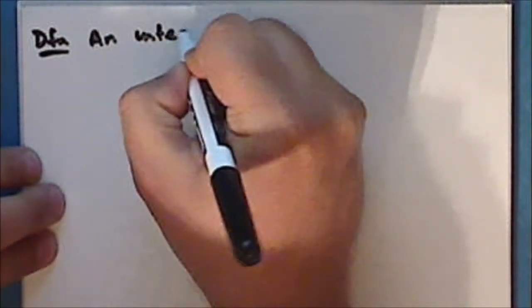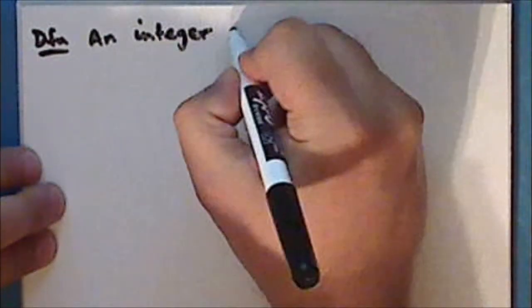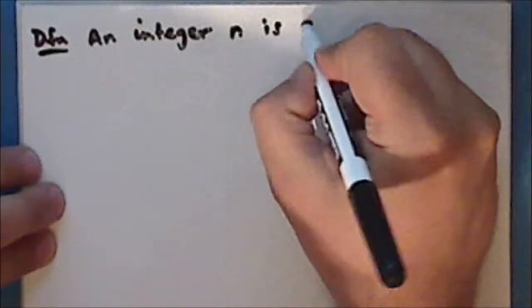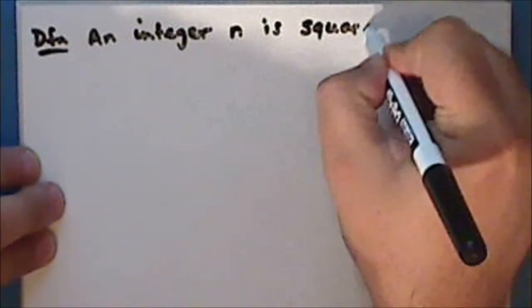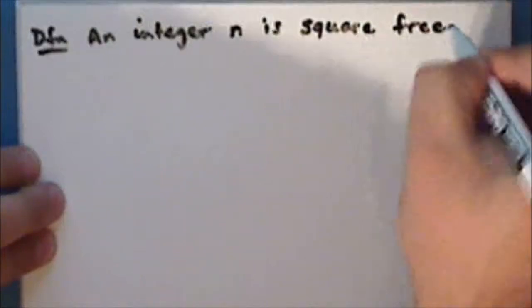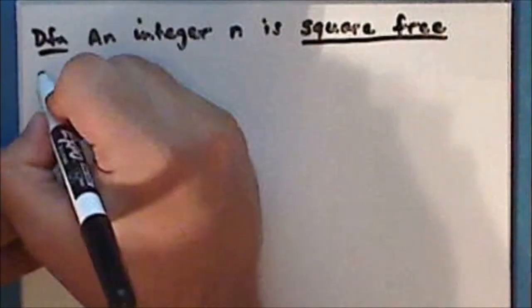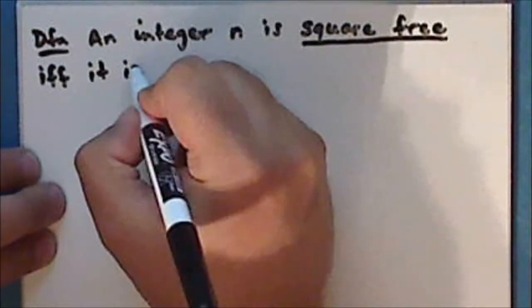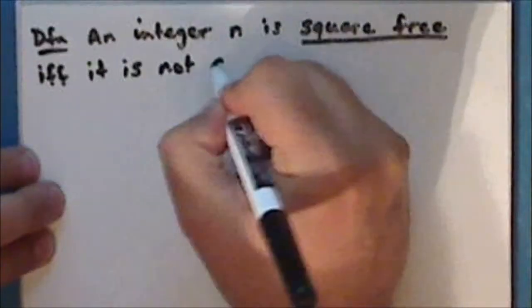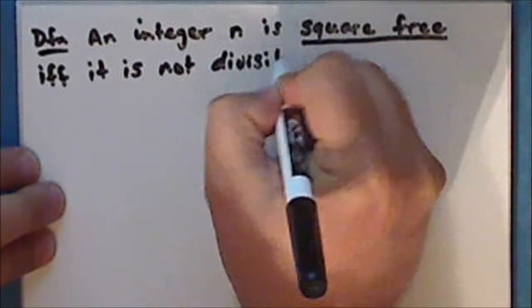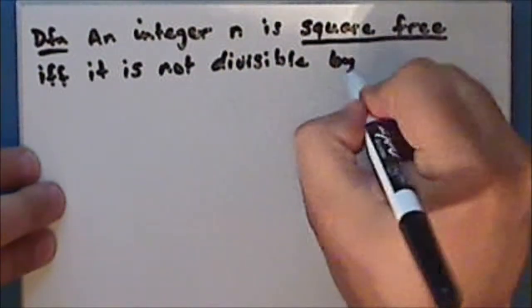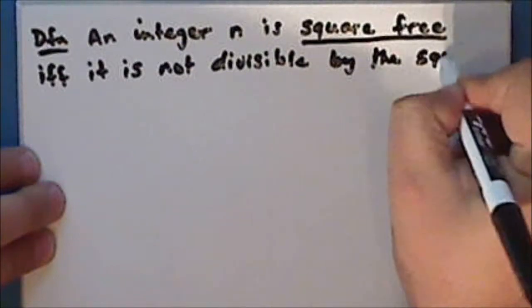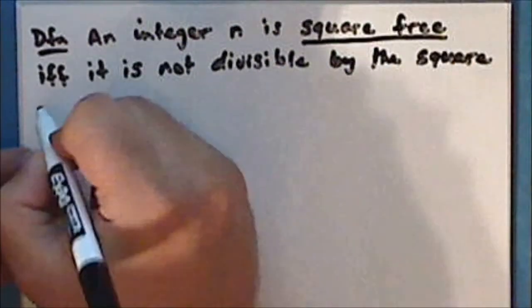So new definition: an integer n is square free if and only if it is not divisible by the square of any prime.